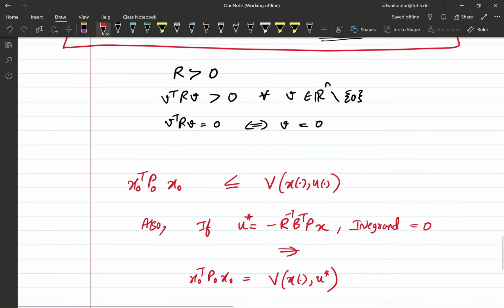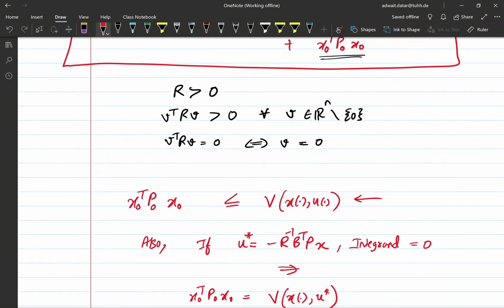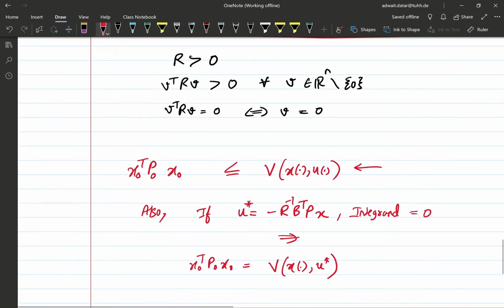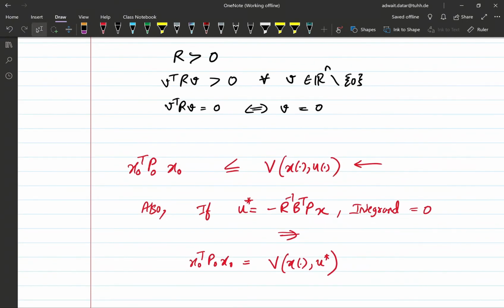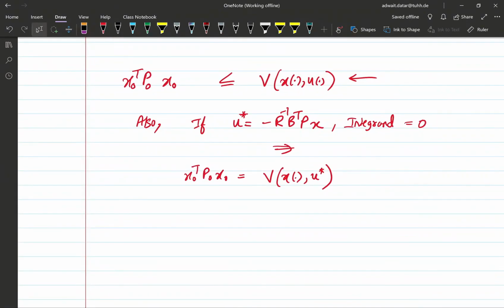So we have a lower bound on the cost, and we have a u that achieves this lower bound, and therefore we have basically solved the optimal control problem, in that you cannot have any other u that is giving you a value of V smaller than x0 transpose P0 x0, and we have a u that achieves this smallest value.